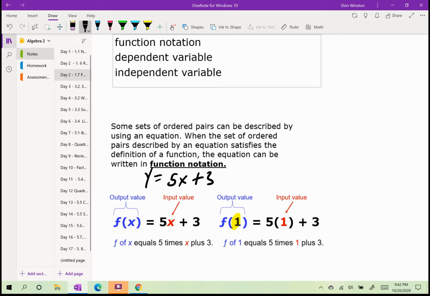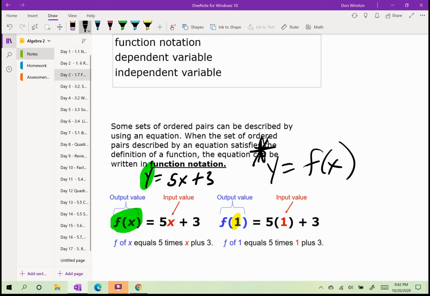Well, what's function notation? Function notation is very simple. We replace that y with something called f of x. The important thing to remember, though: y and f of x are the same thing. Very important. They mean the same thing.